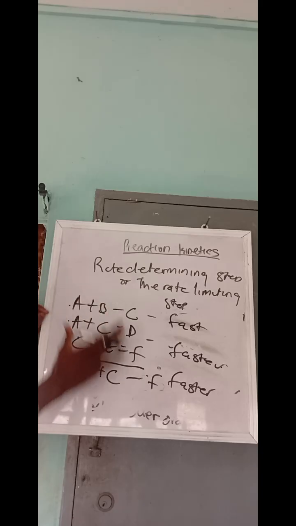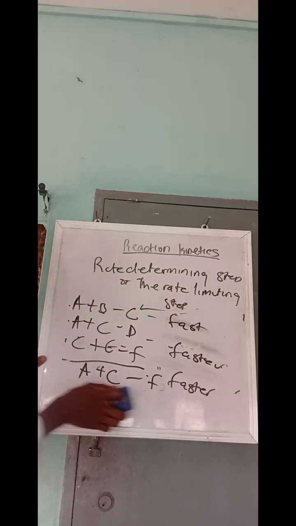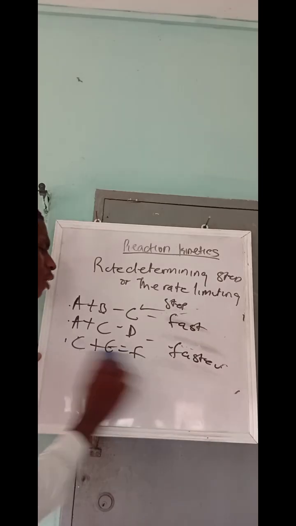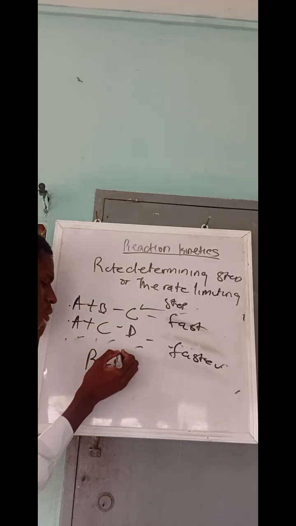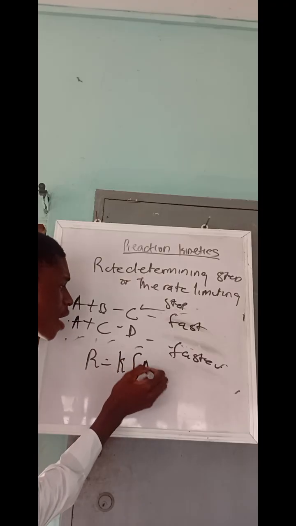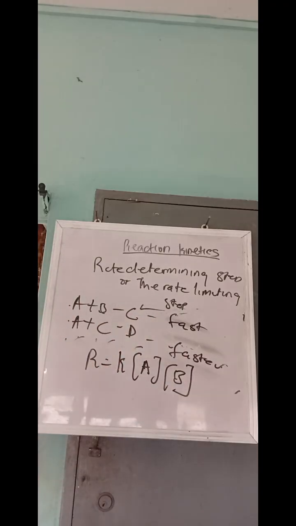So if I want to write the rate law of this particular reaction, I will focus on this step 1, because it is step 1 that determines the rate of the chemical reaction. The rate law equals k into brackets A, then into brackets B. This is my rate law.